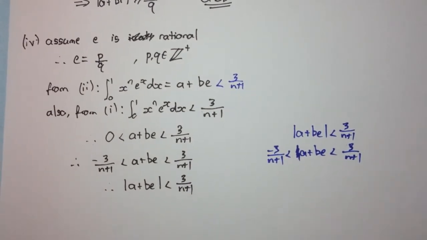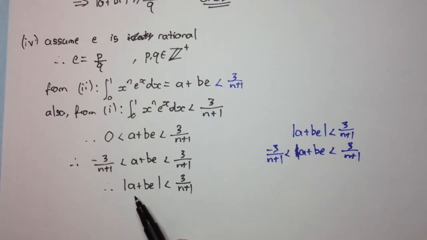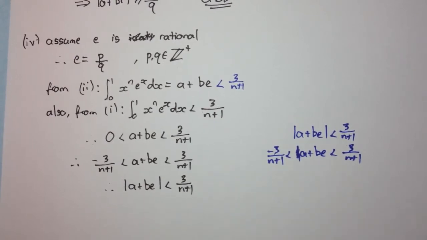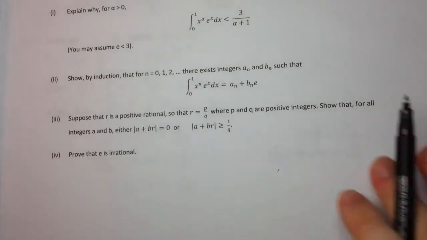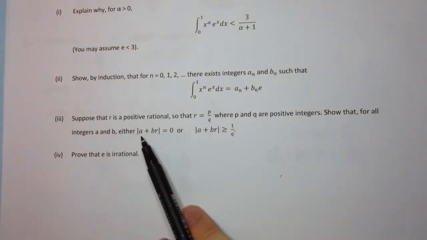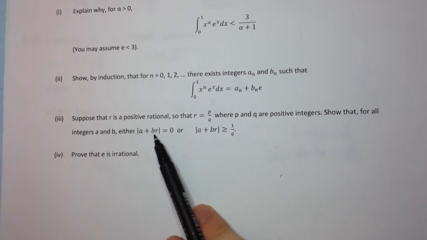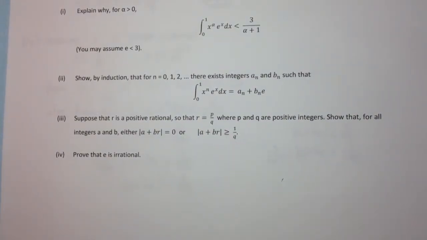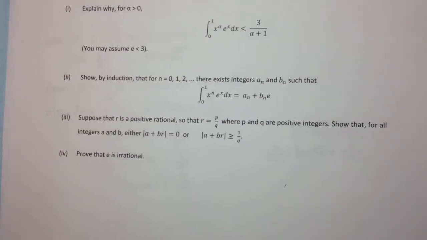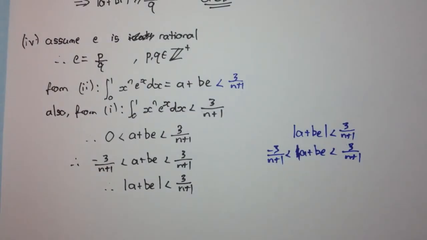Okay, so now we're getting closer to what we want. We have this absolute value sign in here. Now let's go back and have a look at what we had. In the question, in part 3, we showed that if r was rational, we would get this equal to 0, or we would get this greater than or equal to 1 over q. So, let's write down what we want to show.